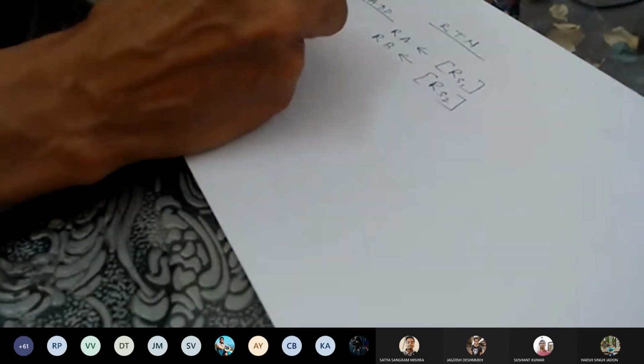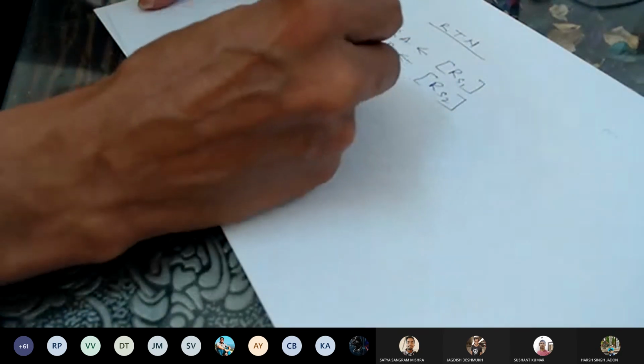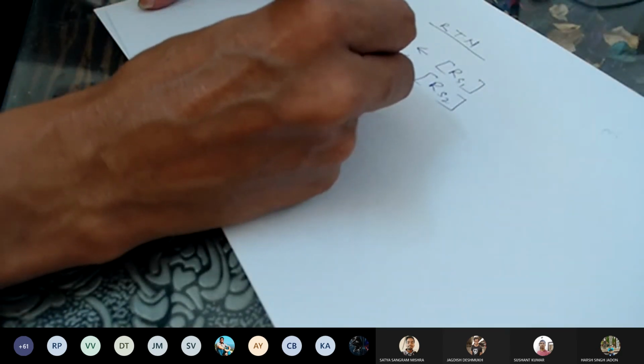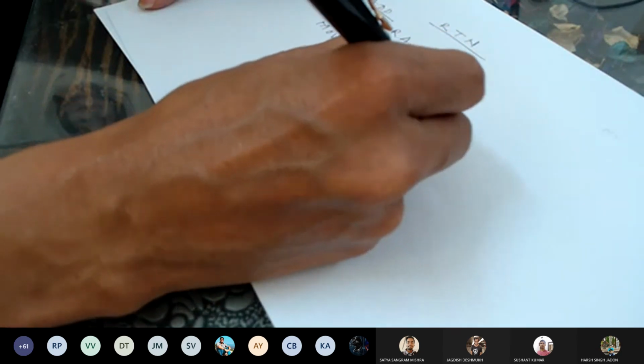Add is done. Then move is basically RS1 equals RD.